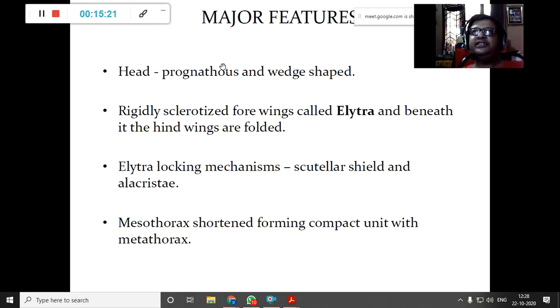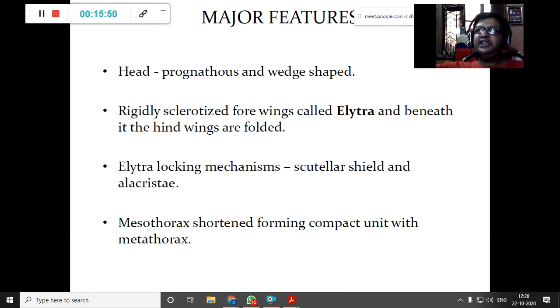Then the major features: the head is prognathous and wedge shaped, with mouth parts pointing outside, pro meaning ahead. They have rigidly sclerotized forewings called elytra, and beneath them the hind wings are folded. If you remember the last lecture, there was one beetle picture which I gave.